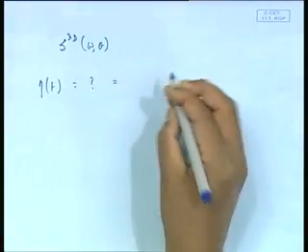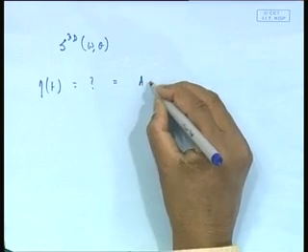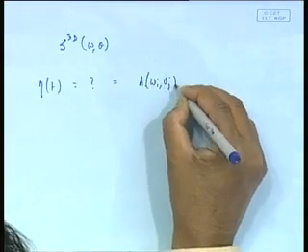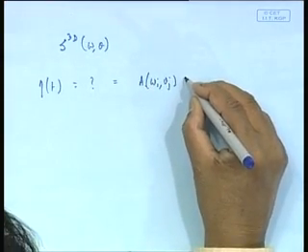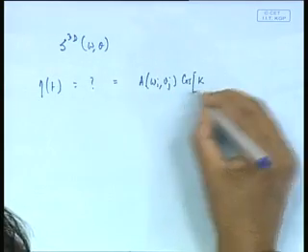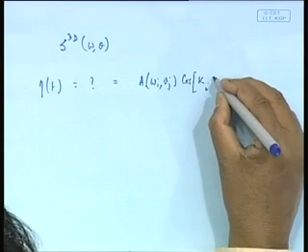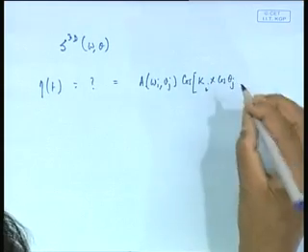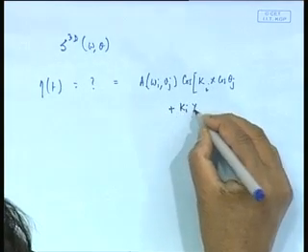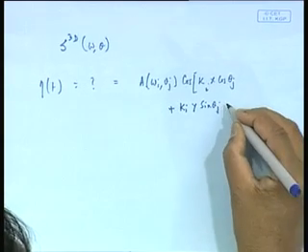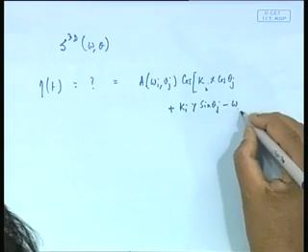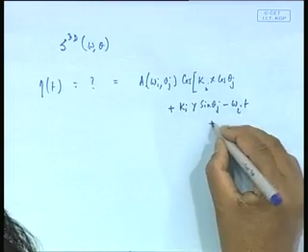This is given by a straightforward sum, with k I, omega I, and this will be a random value.